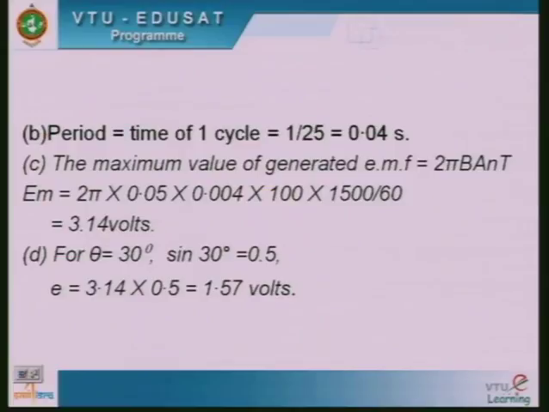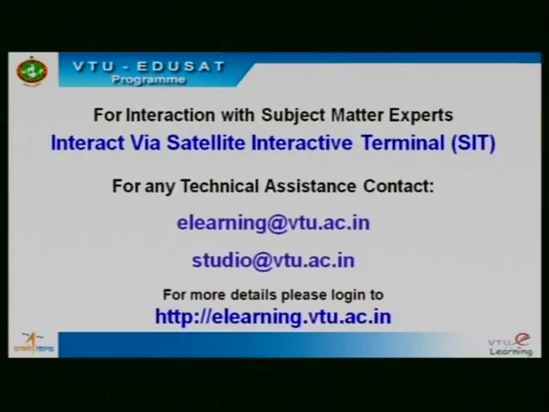Like this we can evaluate the instantaneous value, the maximum value, frequency and the period of the generated voltage. In the next session we will do some more problems on this topic, and we will also cover problems in other topics. Thank you.